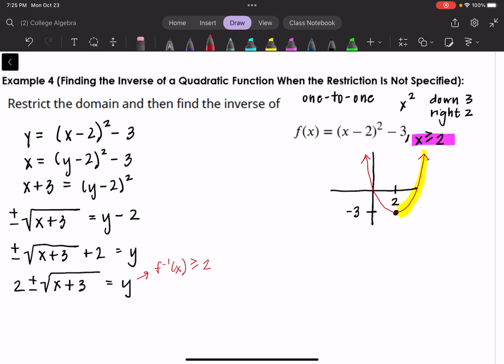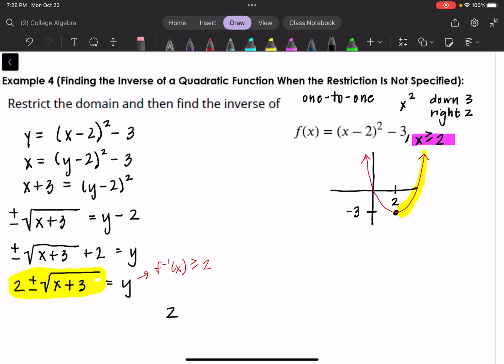So in order for this output to be positive, we can't subtract anything from 2, right? Because if we need everything coming out of this function to be greater than or equal to 2, if I subtract anything, then that's not going to work. We're going to clearly be less than 2. So the only option for us is to choose the positive case.